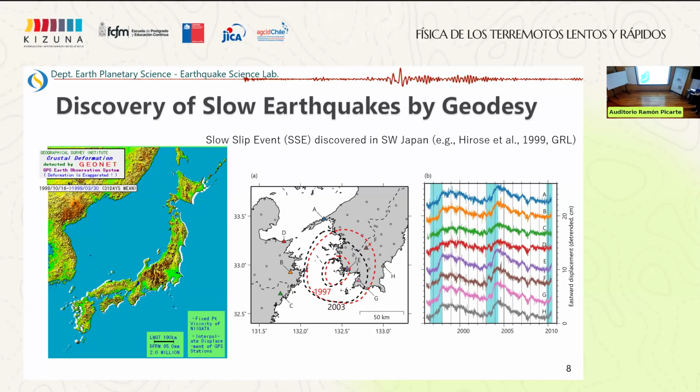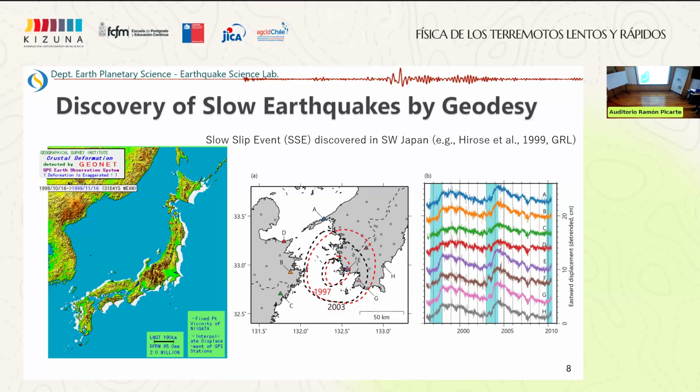But during this kind of observation, we found this deformation in Western Japan sometimes reverses. This is a GPS record around this area. All these stations usually move in the northwest direction.